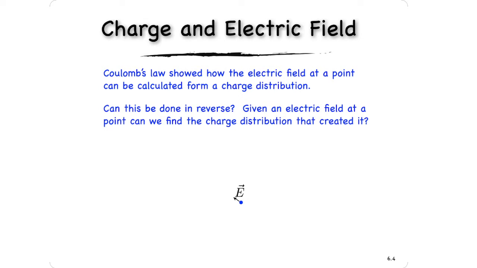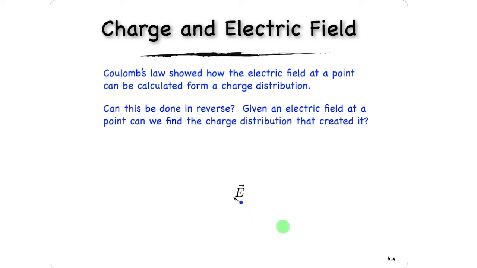If we know the electric field at some point in space, right over here, if we know that the electric field there is pointing, say, up and to the left, can we tell what charge distribution is producing that electric field? What do you think?